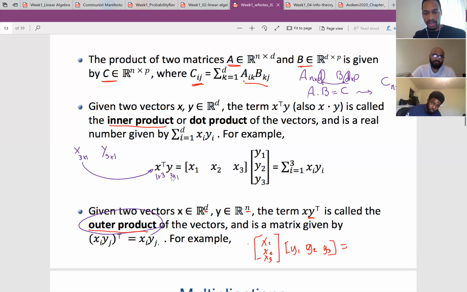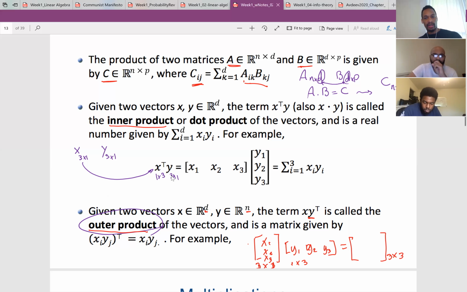You can see from the dimensions that this is a 3 by 1, and this is a 1 by 3. That gives you a 3 by 3 matrix. So that's the outer product. Inner product will give you a scalar.